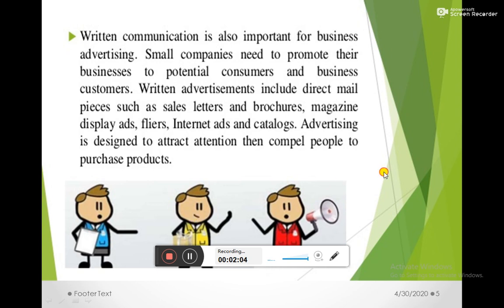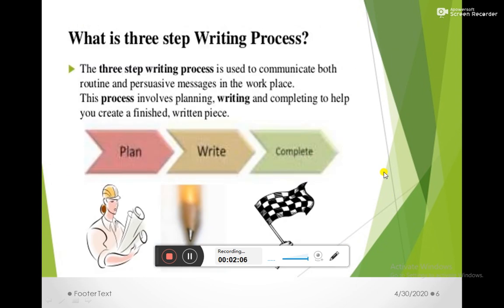So in the next slide, we are going to discuss briefly what the three-step writing process is. The three-step writing process is used to communicate both a routine and a persuasive message. What is persuasive actually?